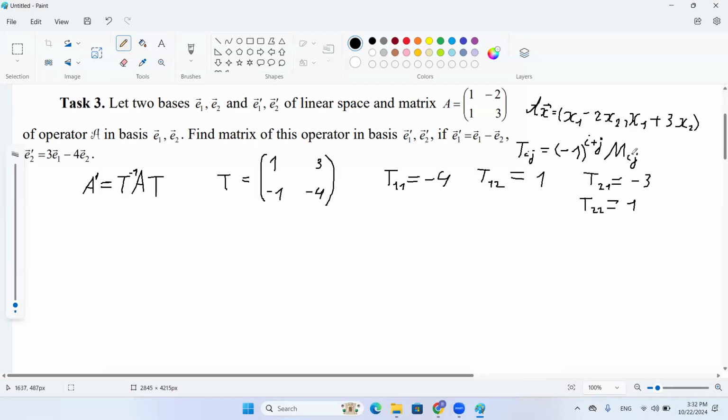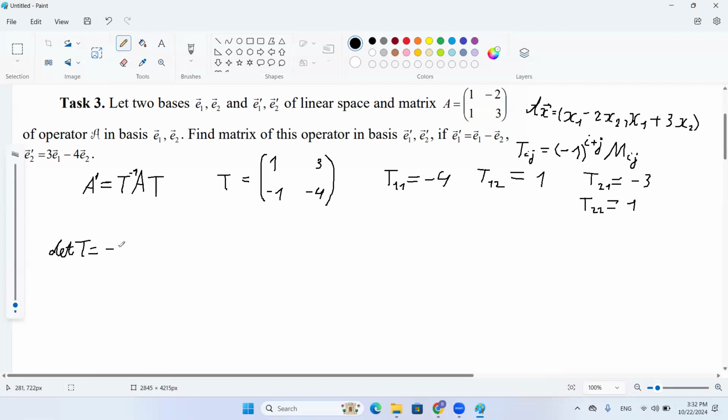So we multiply the minor by -1 to the power of i plus j, and we have power 3, so -1. So be attentive, don't lose signs, because it's painful.